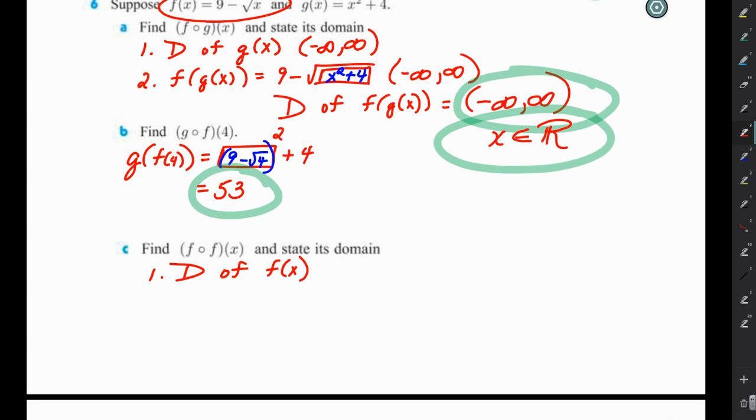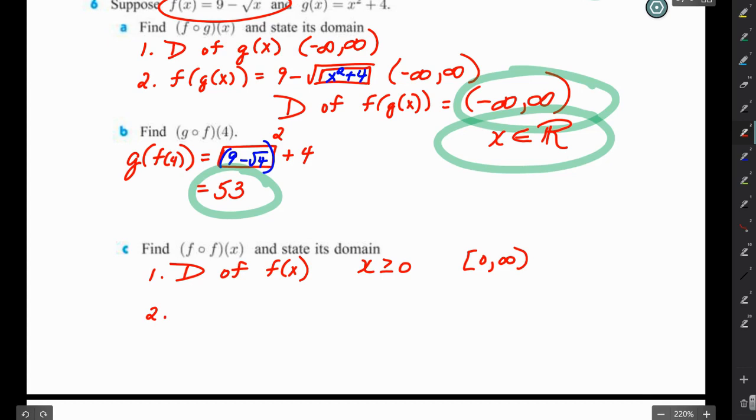We can't have a negative under that radical. So the domain of f of x is going to be where x is greater than or equal to 0. If we were putting that in interval notation, we would say it could be 0 to infinity, including 0. Okay, that's the domain of f of x.